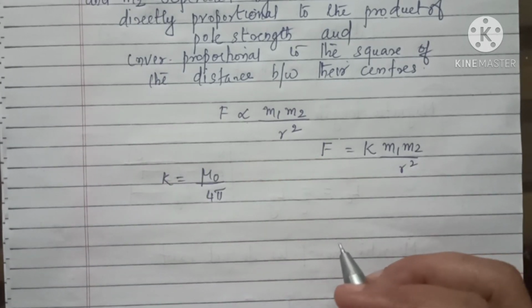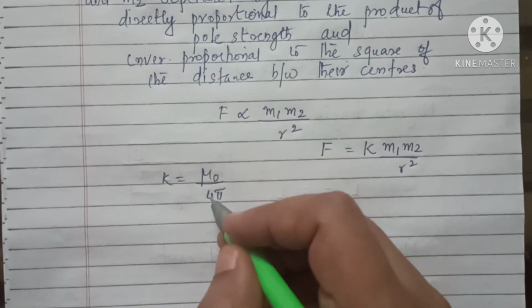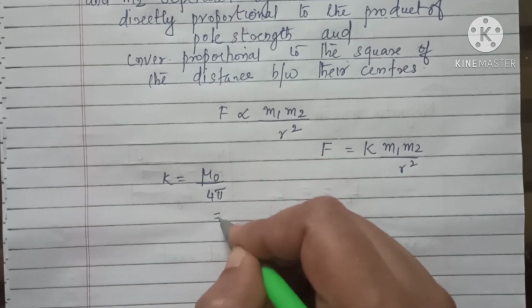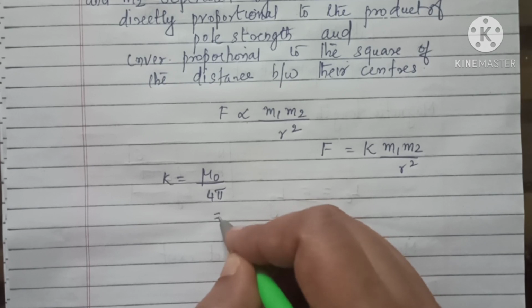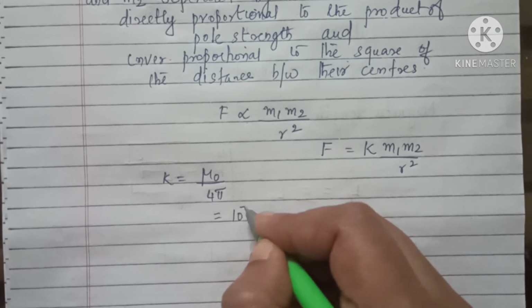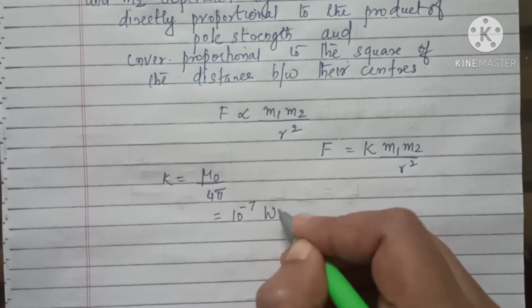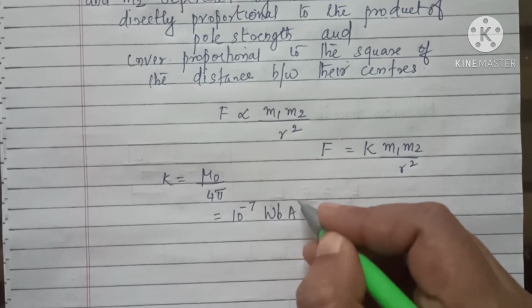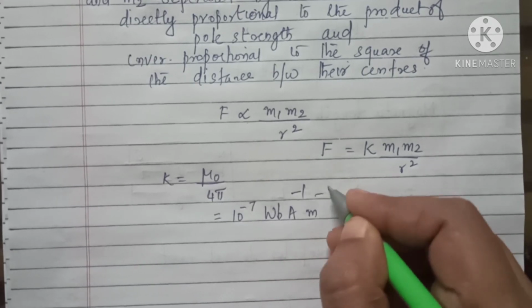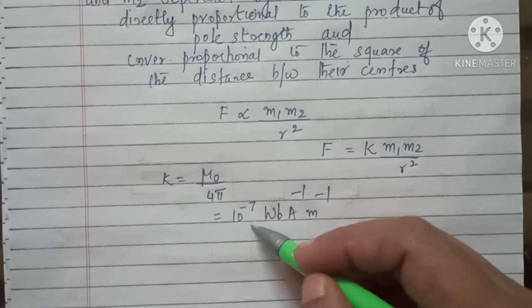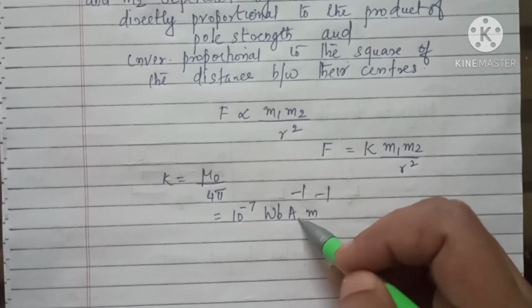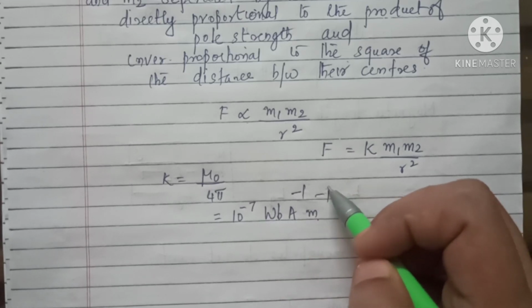Okay, mu naught by 4 pi, and this has a unit and a value which is given by 10 raised to minus 7 Weber ampere raised to minus 1 meter raised to minus 1.